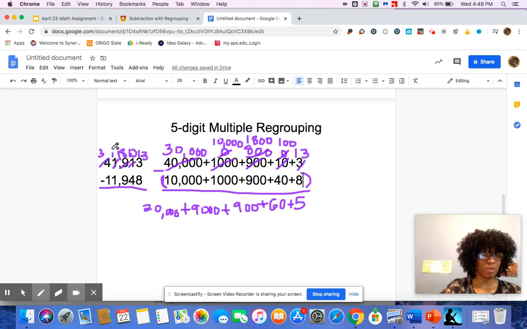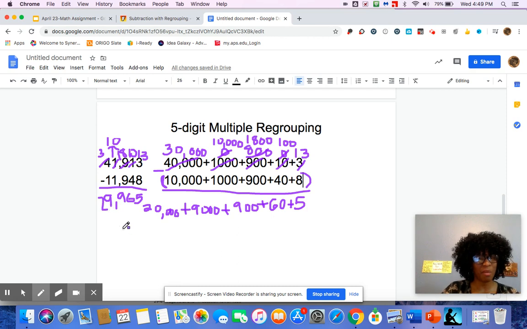This one I'm going to put up here because I'm running out of space, is our 10. If we do our subtraction, it ends up the same: 6, our 9, our 9 here, and 3 minus 1 is 2. So look, we have the same number, 29,965. I think that one was a little more intricate, but it was doable.